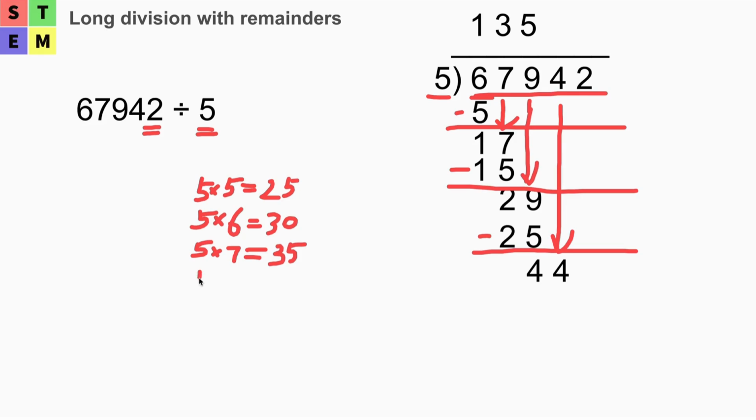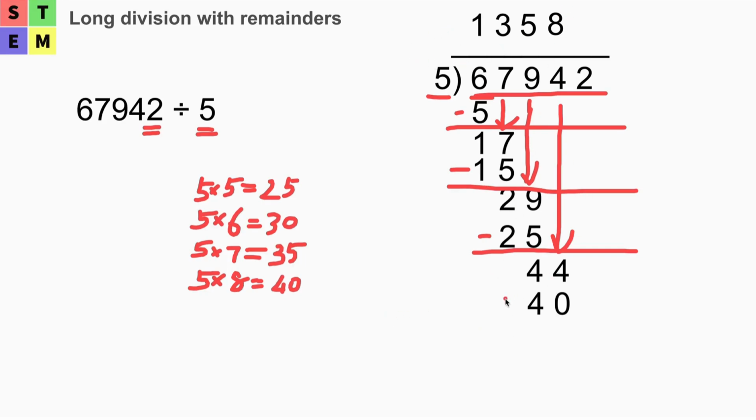And 5 times 8 equals what? 40. Okay, so obviously we have 44 there, and with an additional 5 it will be 45, right? So that's why we will have 8 here, and we'll have 40 here.